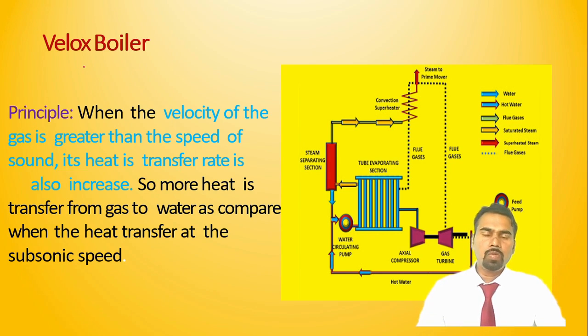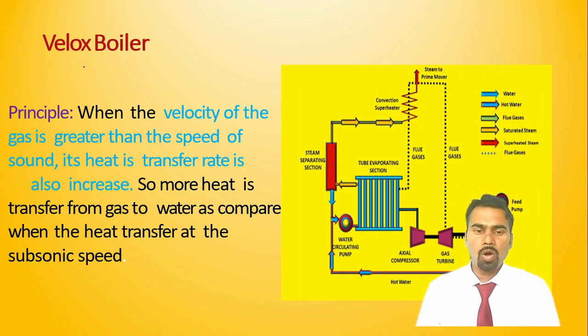Means the working principle used here is, in the combustion chamber, when we increase the velocity of the flue gases over the water tube, then the heat transfer rate increases. This phenomenon is used in the Velox boiler.